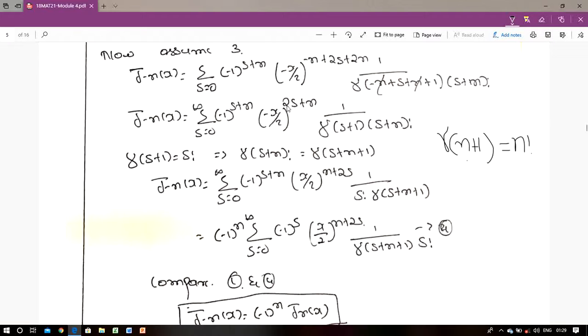Here (minus 1) whole squared is positive, so we can write (x by 2) whole to the power of n plus 2s divided by 1 by s factorial into gamma of s plus n plus 1.